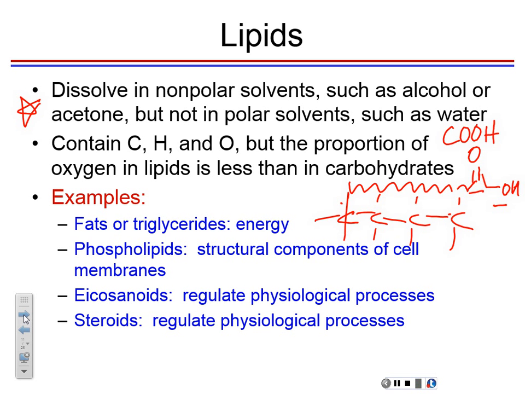But if you have a fat like this, some are monounsaturated, some are polyunsaturated, which means they have more double bonds in them. The polyunsaturated fats are very good, things like linoleic acid and so forth. So we've got the fats, which are also called triglycerides.